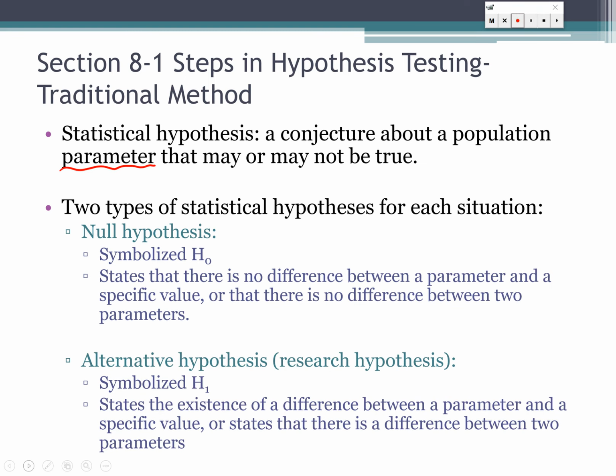The other hypothesis is the alternative hypothesis. It's symbolized with a capital H and a little subscript of 1. That hypothesis will state some type of difference between a parameter and a specific value, or between two different parameters. And so by a difference, we might think that our mean ACT score is greater than 22, or we think that our mean ACT score is less than 22 or something like that.